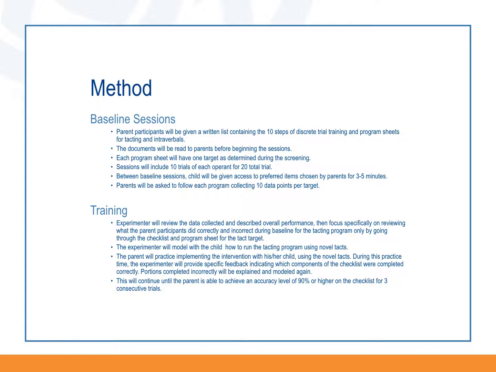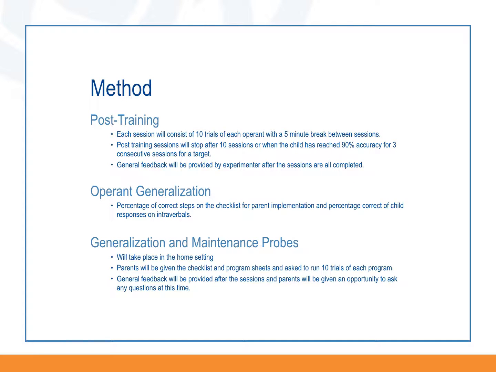We are only doing the training specifically on the tacting program. We will then be measuring whether it generalizes over to the intraverbal program. So after training, it'll be 10 sessions, the same thing of each operant with about a 5 minute break in between. We will stop after 10 sessions, or if the child reaches mastery for 3 consecutive sessions. General feedback will just be provided after that.